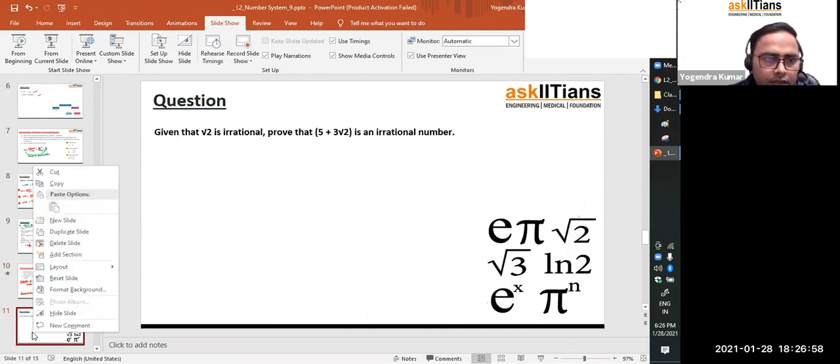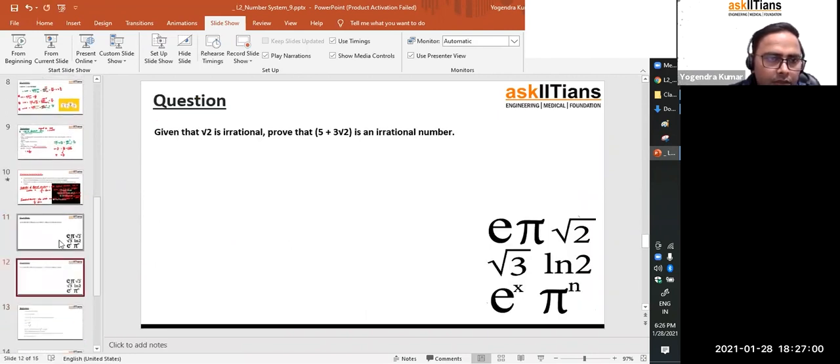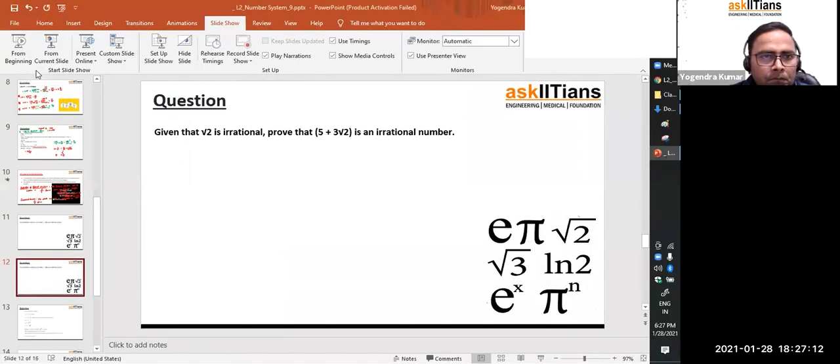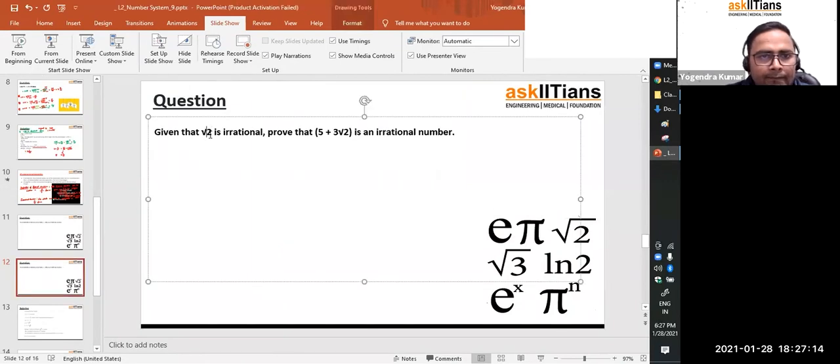Our first question: prove that root 2 is an irrational number.